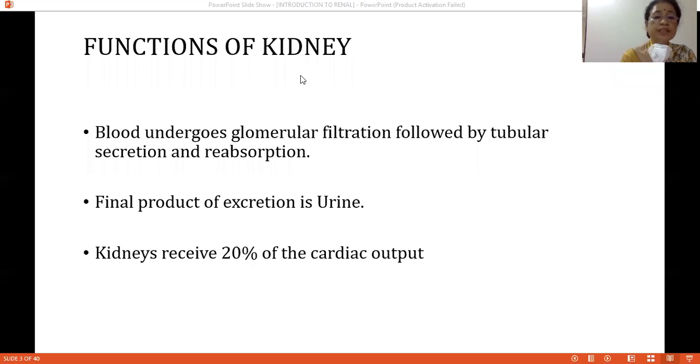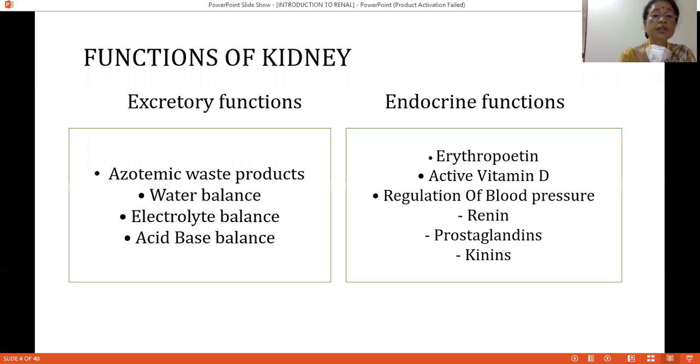Some amount then undergoes secretion and reabsorption in the proximal tubule and distal tubule, and ultimately the excreted part goes through the collecting tubule, and it is the urine. So urine is our excretion part.